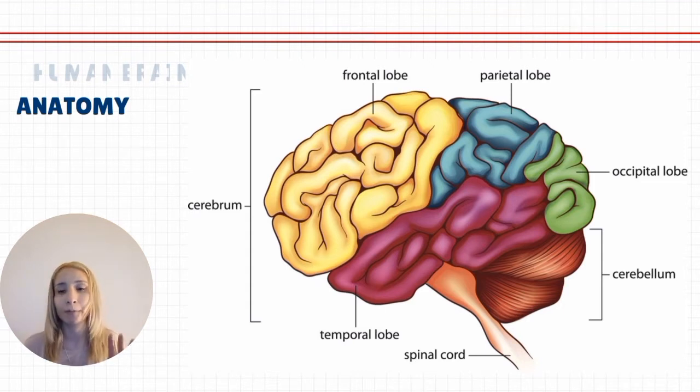It has four principal lobes: the frontal lobes, the temporal lobes, the occipital lobes, and the parietal lobe. The cerebellum is located under the cerebrum. Its function is to coordinate muscle movements and maintain posture and balance. The brainstem acts as a relay center connecting the cerebrum and cerebellum to the spinal cord.